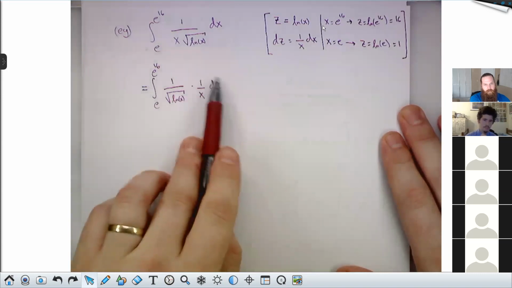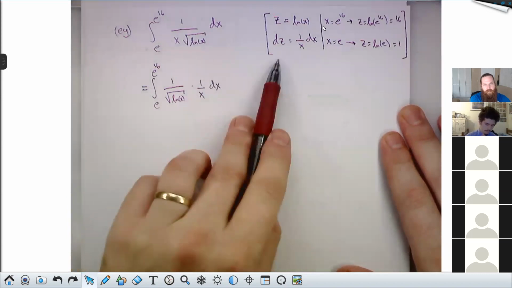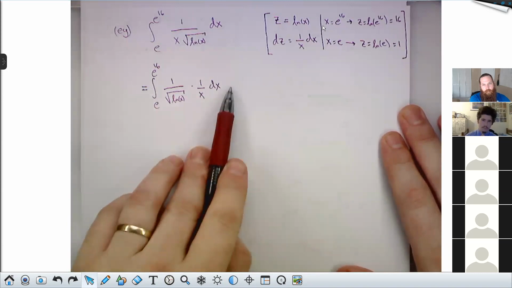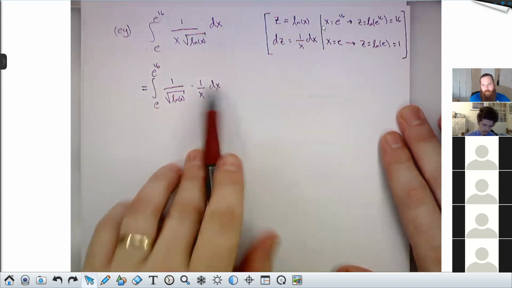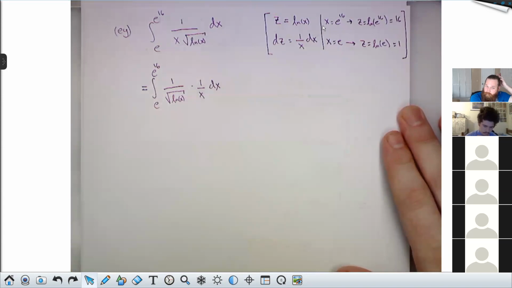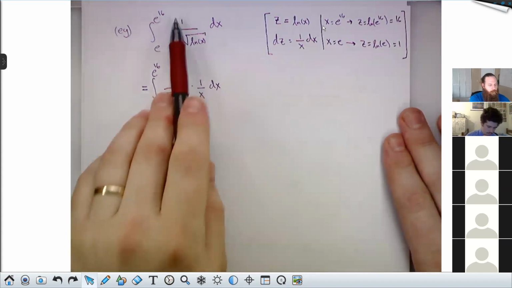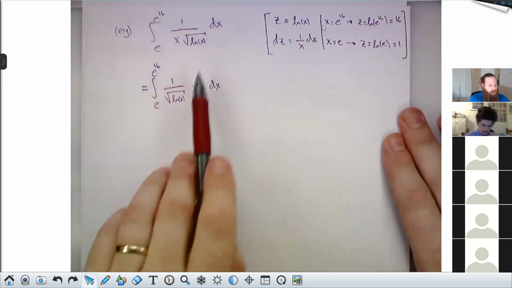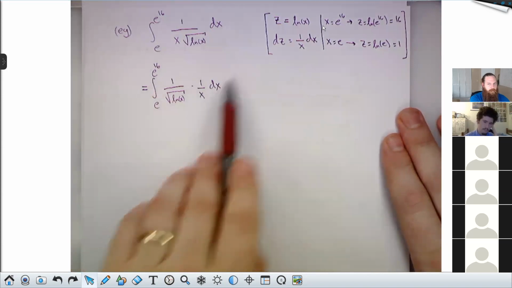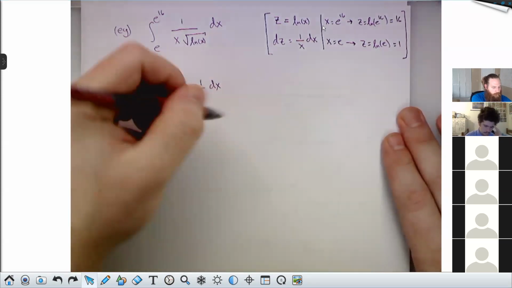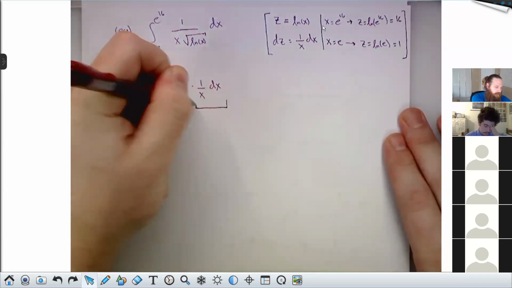And now you can see that this piece is dz. This game of making the differentials fit is the whole thing with substitution. Cannot ignore the differentials. If you ignore the differentials, you get these wrong every time. So I had to find my 1 over x dx in there somewhere. I just peel it off like this so I can see it more easily. 1 over x dx is dz.